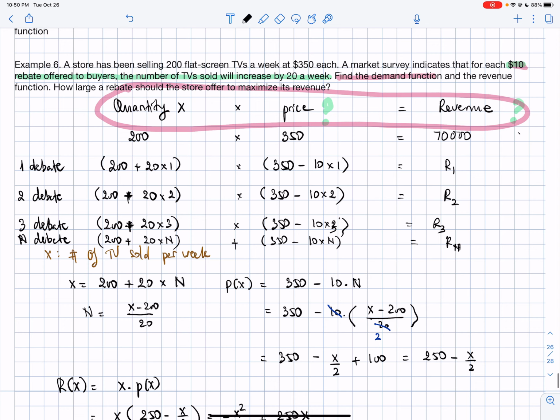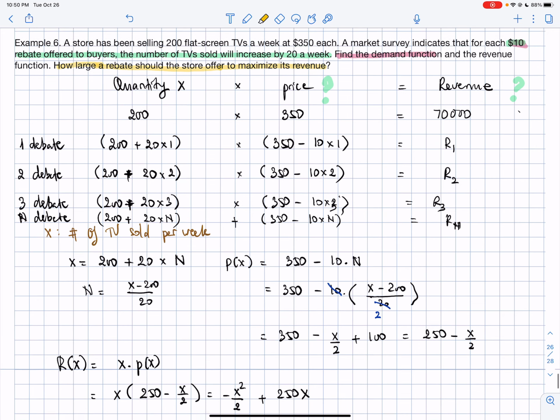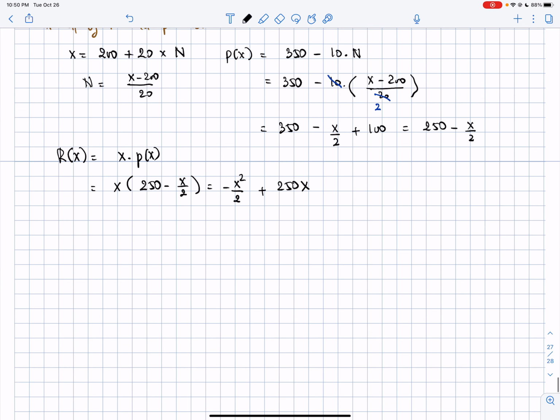Now the last part of this problem: how large a debate should the store offer to maximize the revenue? So I want to find the maximum value of the revenue. In order to do that, I will take the first derivative and then find the critical point, right?